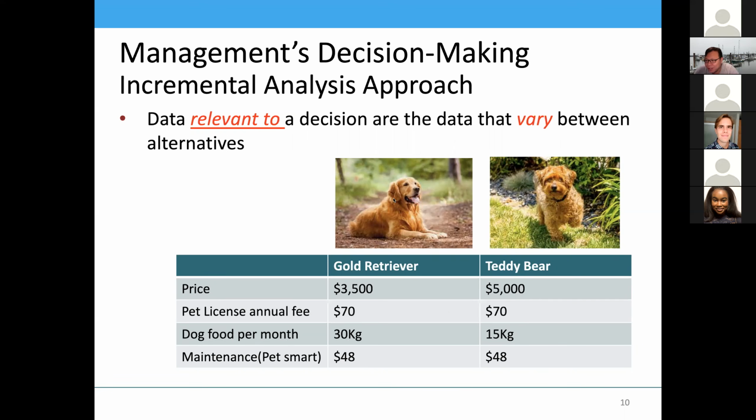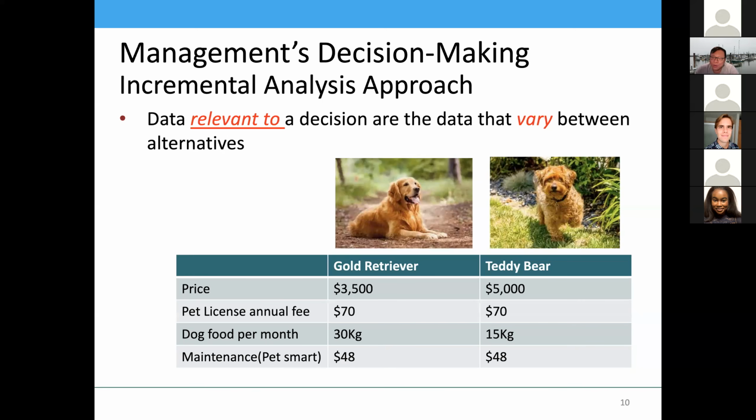Suppose the golden retriever eats twice as much: 30 kilograms versus 15 kilograms. I just made up these numbers; I didn't really measure this. And the maintenance: you take them to PetSmart for cleaning, bathing, whatever the procedures. Each time it may cost $48.